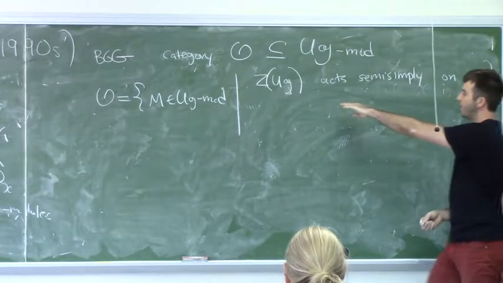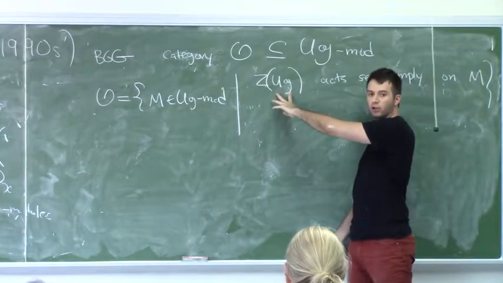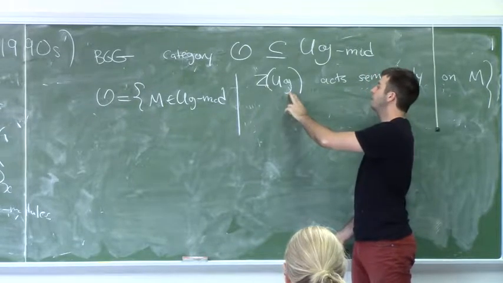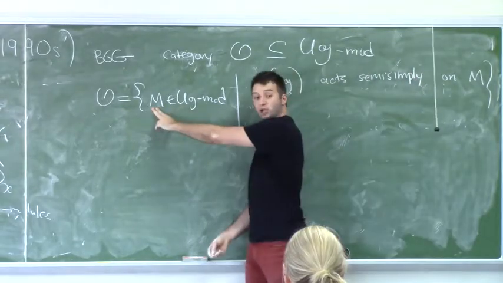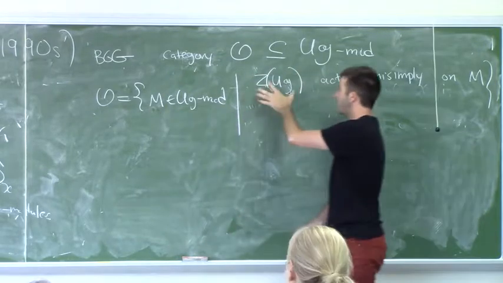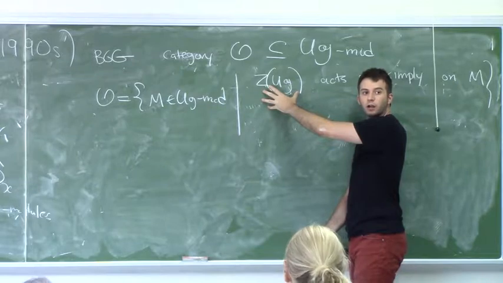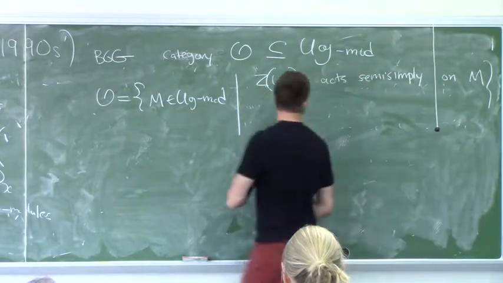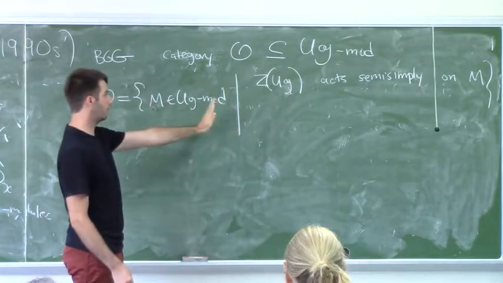What I meant by that is earlier we talked about these central characters, which were homomorphisms from this thing to C. And so what I mean is that this is actually a direct sum, where on each piece of the direct sum, the center acts by some fixed homomorphism to C. So that's the first thing that I want to say.